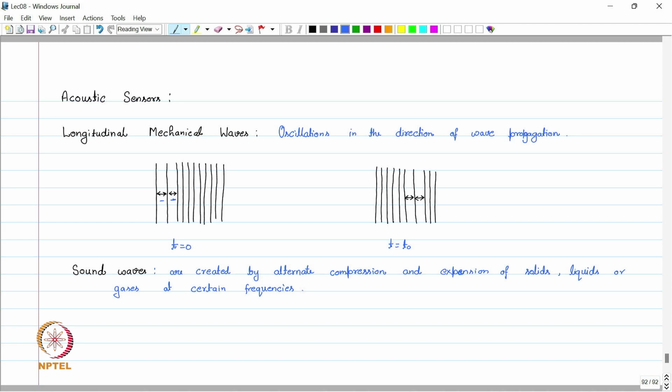So sound waves are created by alternate compression and expansion of solid, liquid, or gases. And these sound waves are longitudinal mechanical waves.